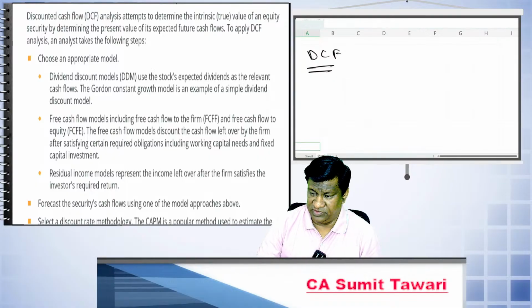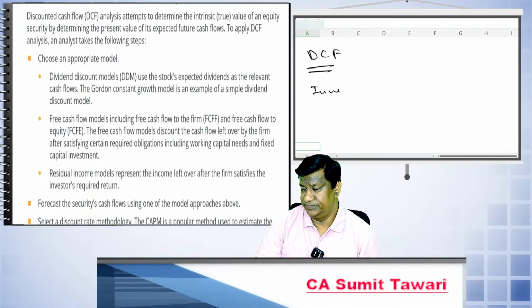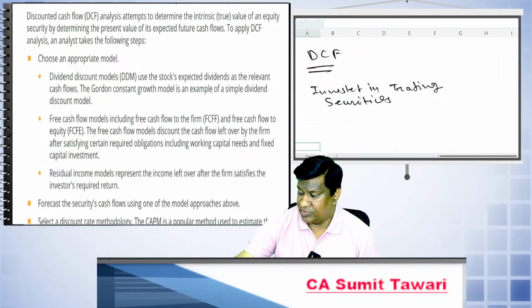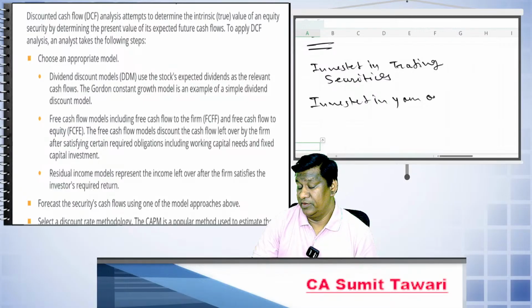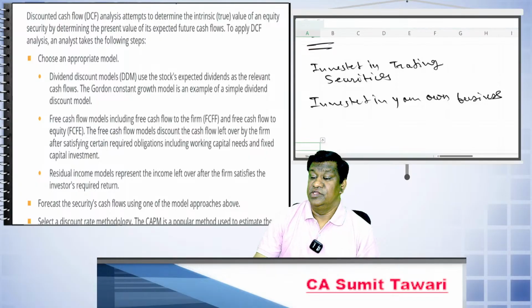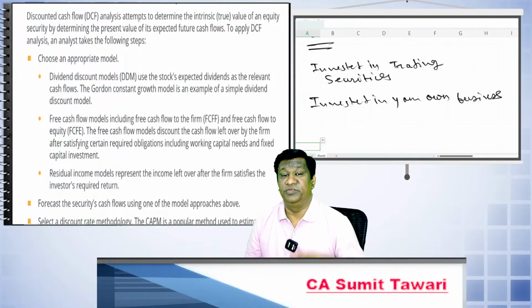One is when you are invested in trading security, and the other is when you are invested in your own business. If you are investing in your own business, that means you are acquiring the equity of that business.